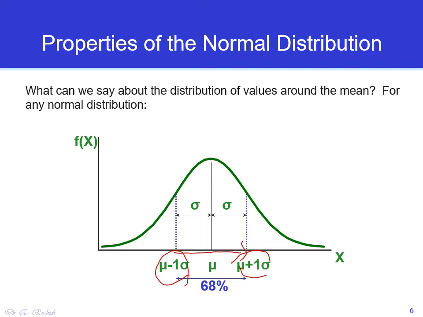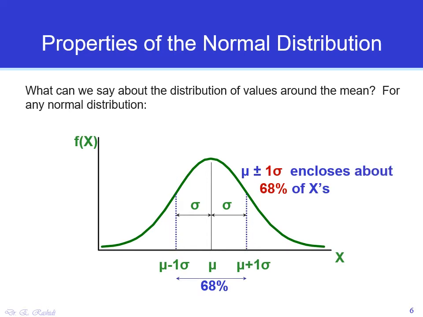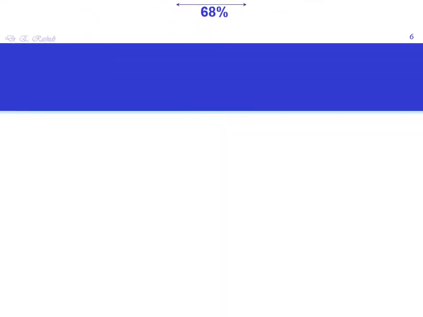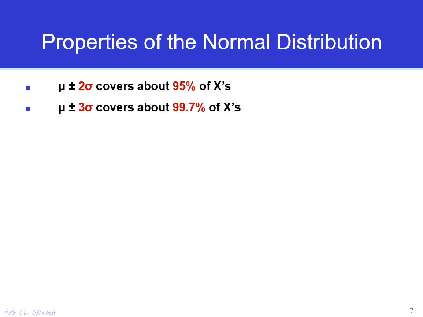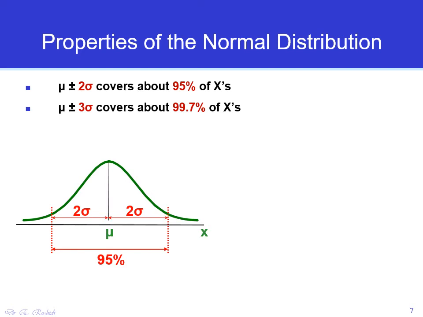This covers one standard deviation on the left and one on the right, and it covers 68% of data. 95% of data is within two standard deviations of the mean, and 99.7% of data is within three standard deviations of the mean, as we see here.